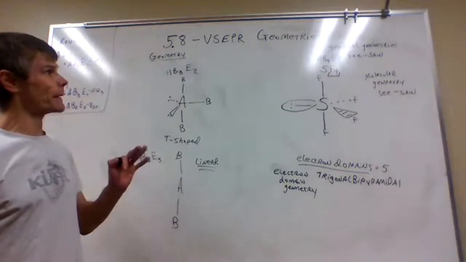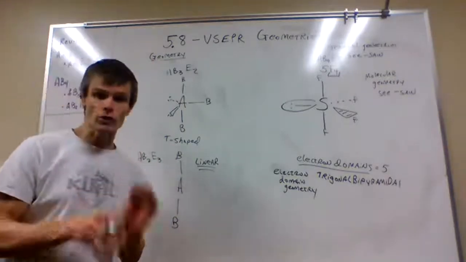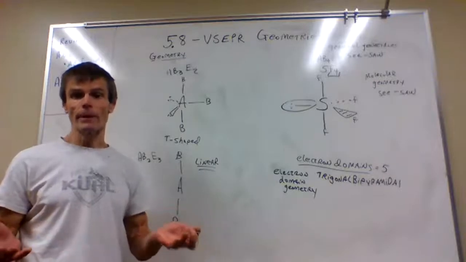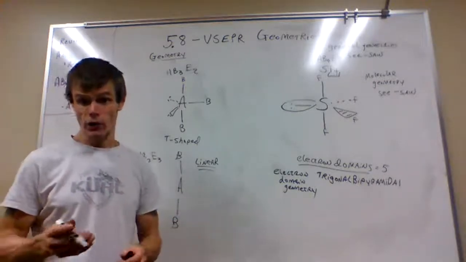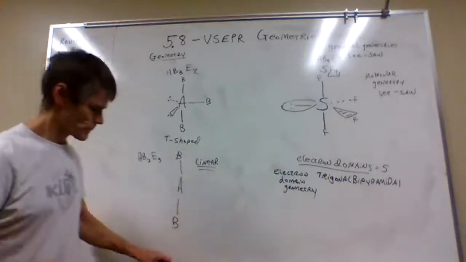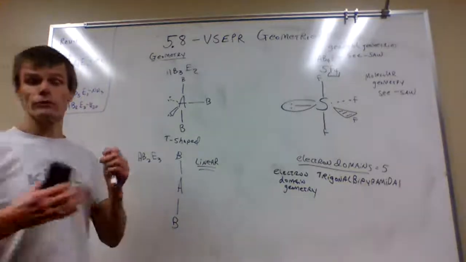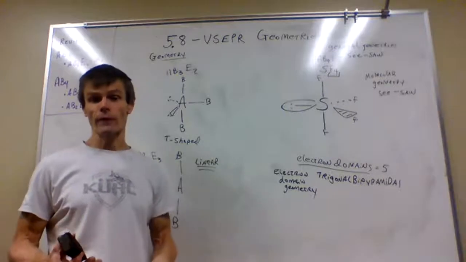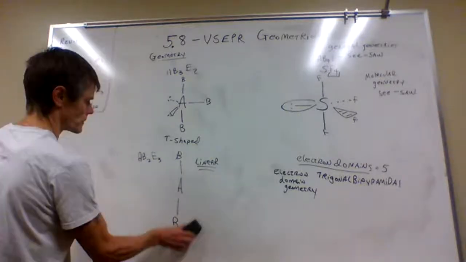So these are examples of how we can derive different molecular geometries from a generalized electron domain geometry. The last type of geometry we're going to look at is derived from an AB6.